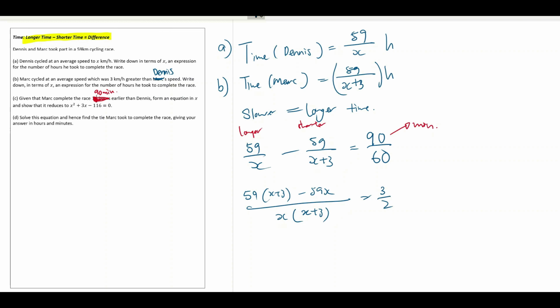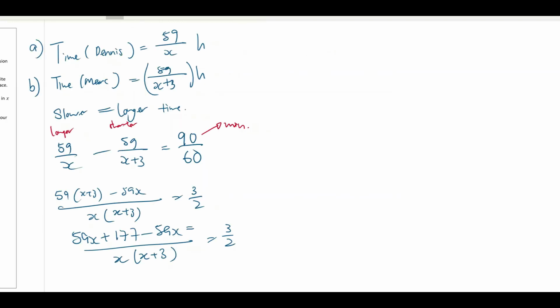The numerator is left with 59 times 3, so 59x plus 177 minus 59x, over x bracket x plus 3, is equal to 3 over 2. And this is where you cross multiply: 177 multiplied by 2 is equal to 3x bracket x plus 3.